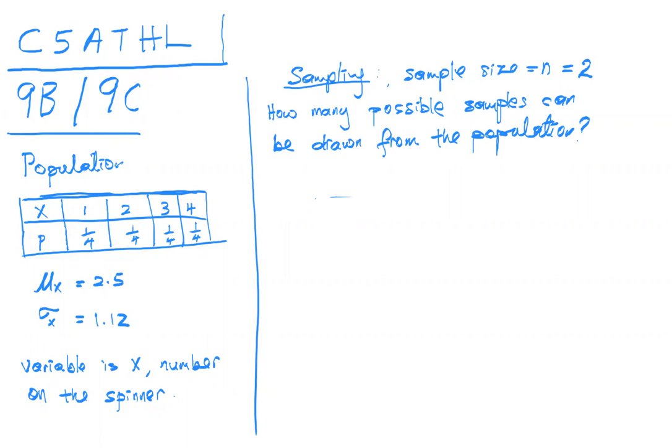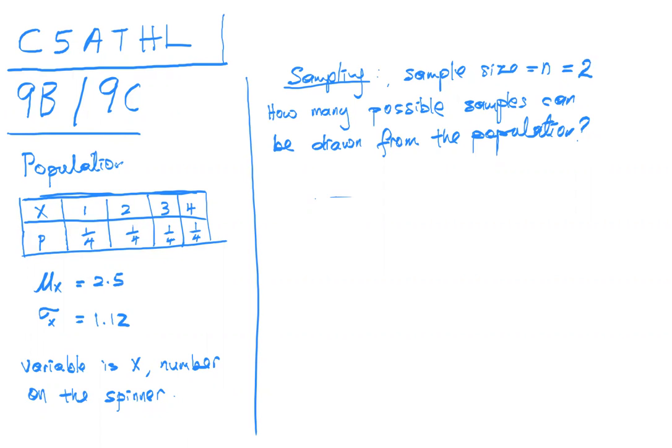How many possible samples can be drawn from the population? So we say that the random sample must be what? Every member in the population must have an equal chance to be selected, correct?